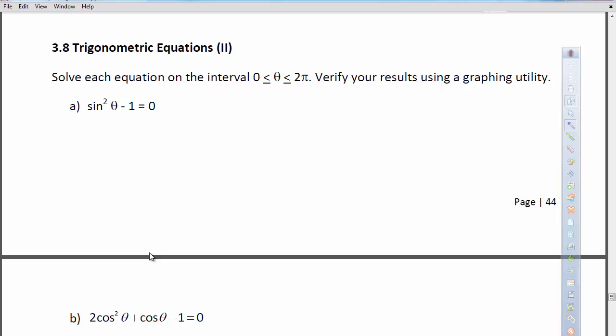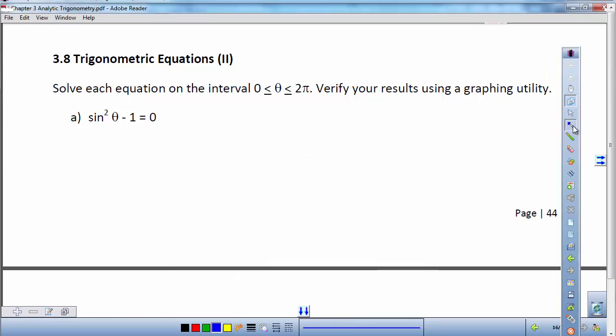So how might I start this problem to solve it? Okay, we could do that. We could say sine squared theta equals 1. We isolated sine squared theta, and now what? We can take the square root of both sides.